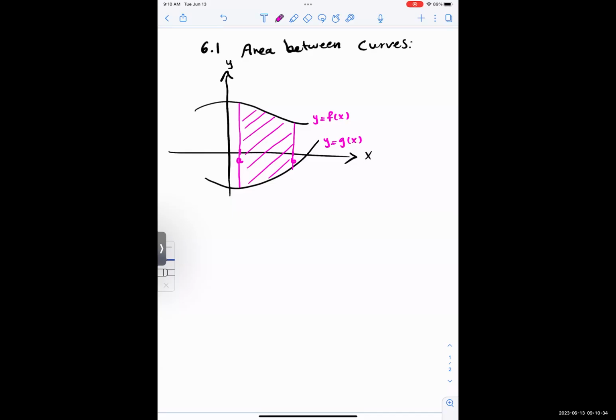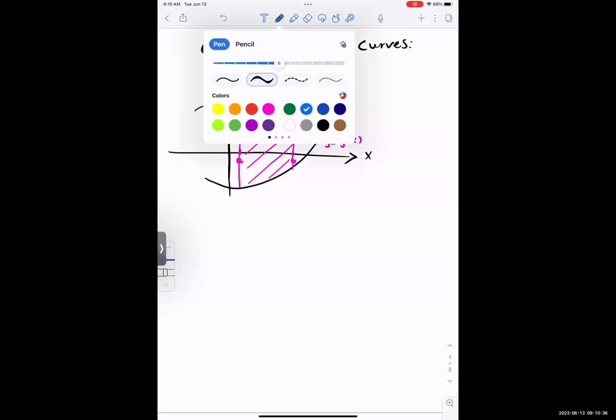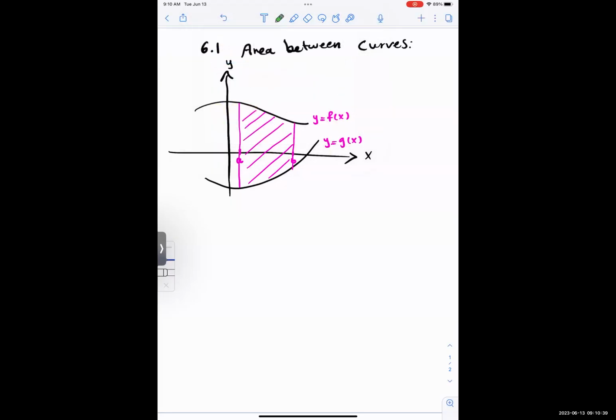Tell me, if I was taking small rectangles, let's just look at one small rectangle. Since I'm cutting it along the x-axis, the thickness, or the width of this rectangle, if I want to name it dx or dy, which one is it?